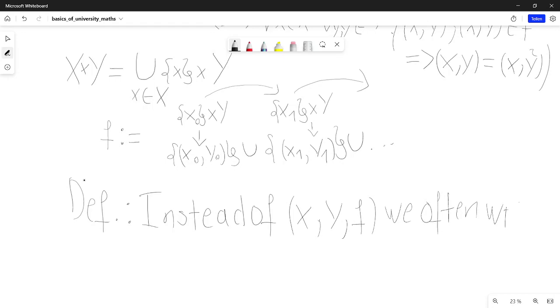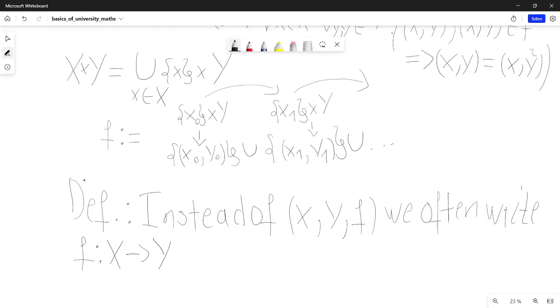So let's do some maths with maps. We'll start in a second. Actually, not quite. We will need some definitions, and then after that, there will be theorems. Definitions, maybe also examples. We often write a very self-suggestive notation, right?